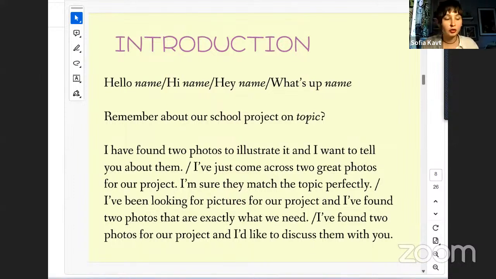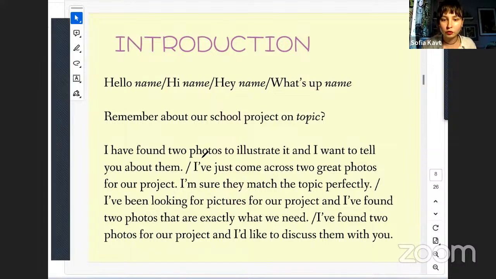And then you're going to say that you have been looking for photographs and you have found 2 pics that fit the purpose perfectly. For instance, you can say, I have found 2 photos to illustrate it, and I want to tell you about them. Or else we can say, I've just come across 2 great photos for our project.